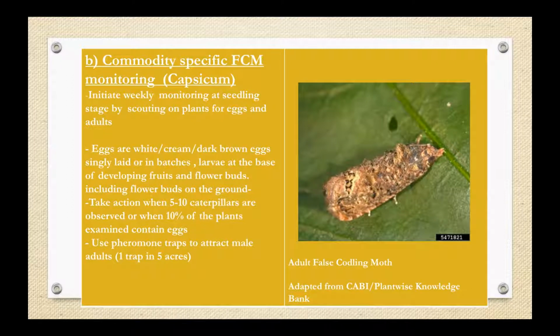Sometimes you also use pesticides to control these pests. So your examination of these plants should entail the application of pheromone traps and then physical examination. So when you use pheromone traps, the application rate is 1 trap in 5 acres. And if you get about 7 adults in each trap, again, you are expected to take action. Next slide.